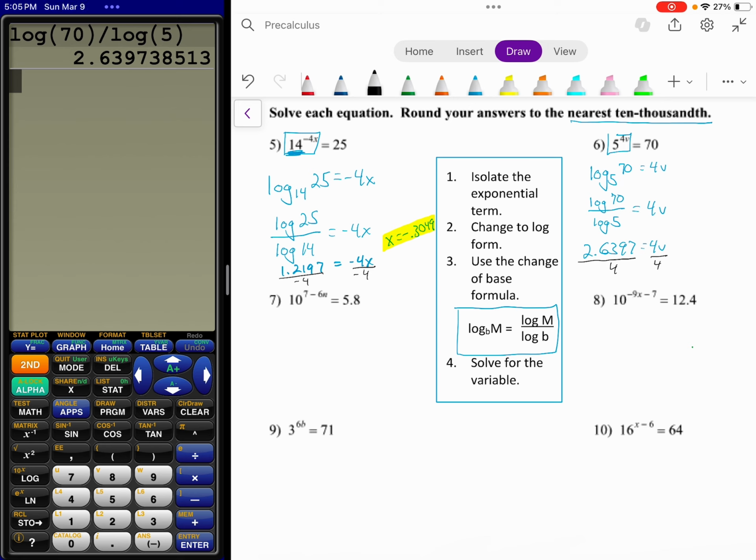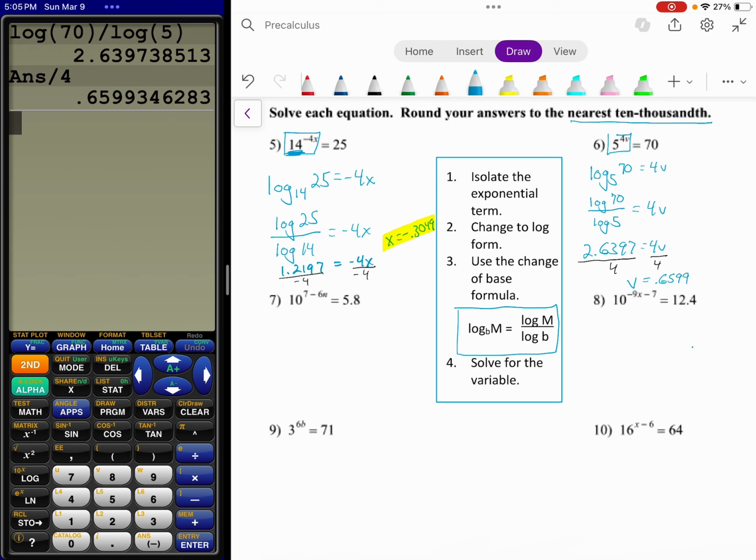So we're going to take that answer that we got there, hit divided by 4 on our calculator, and we get v equals 0.6599. All right, on to number 7.